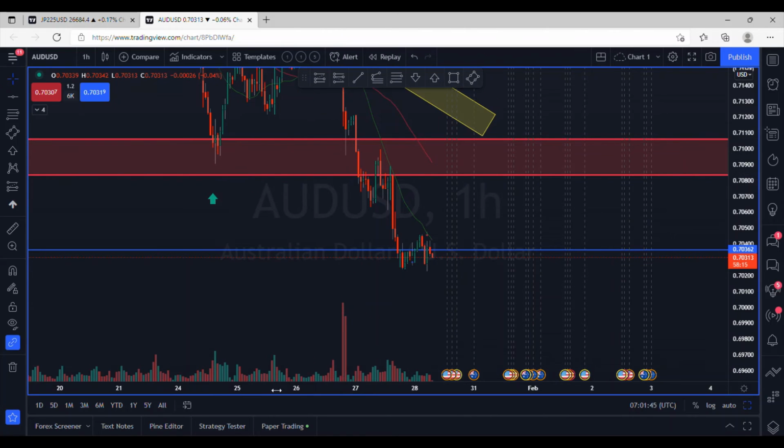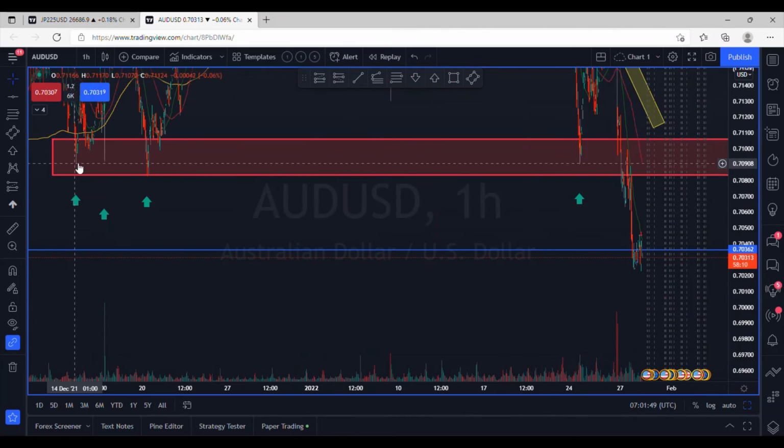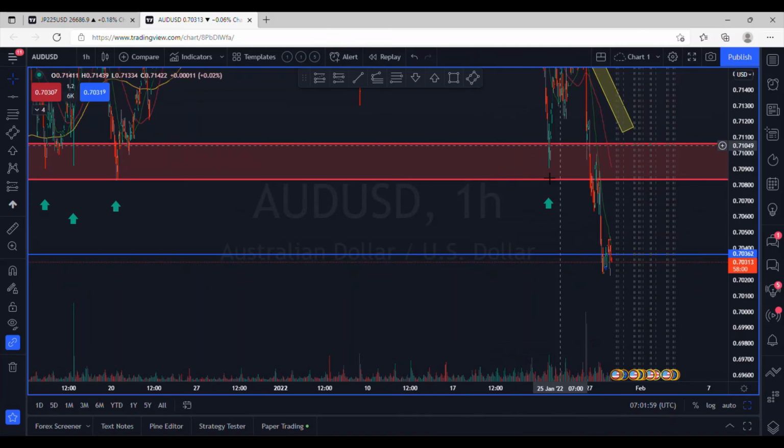This is an area of interest because we've got touch, touch, touch, and many more touches. So to me, when I draw these rectangles, I'll go from the first point of where there is a sticking point to the last point of the area where it's a sticking point.